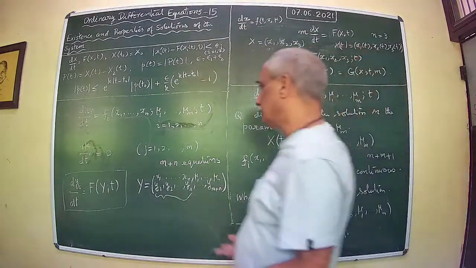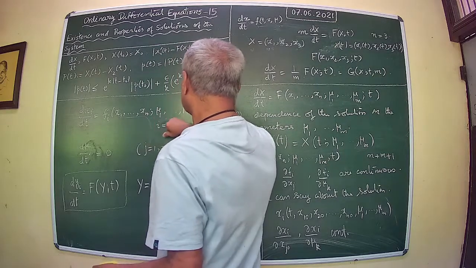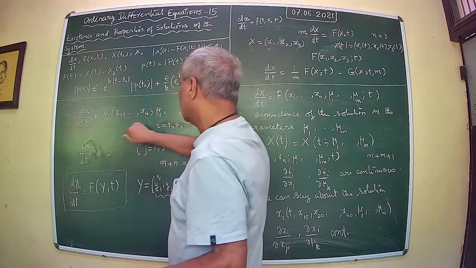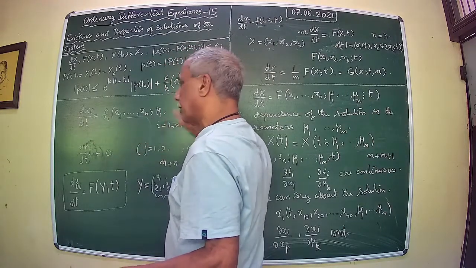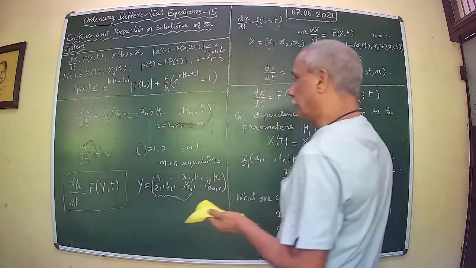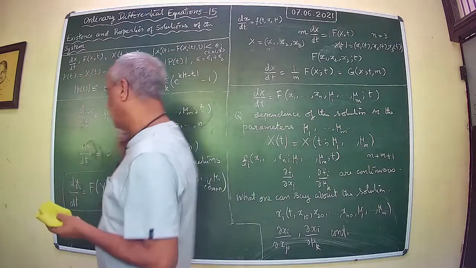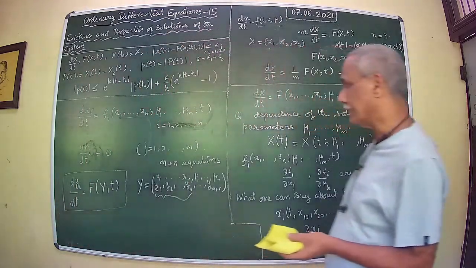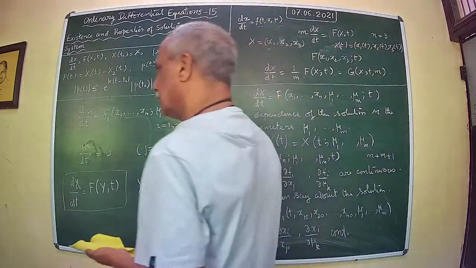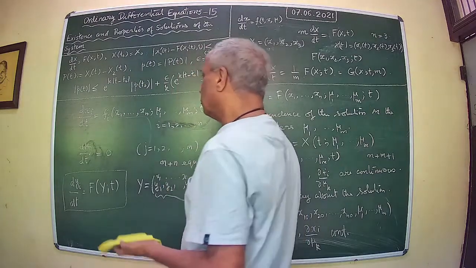What it says is that the dependence of the solutions on these parameters is also smooth, provided these functions are smoothly dependent on these parameters. So the smooth dependence on the initial data, and the other type of parameters that may come into the equation, are transferred to the solutions also.